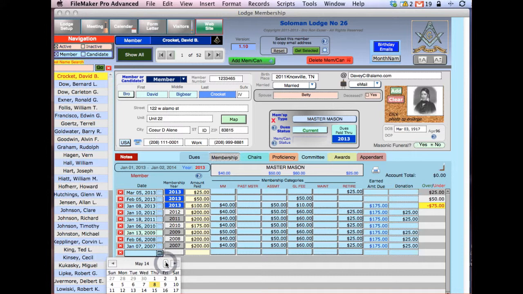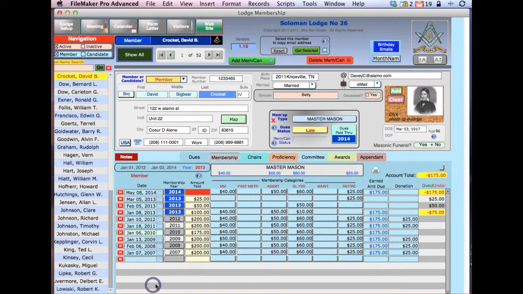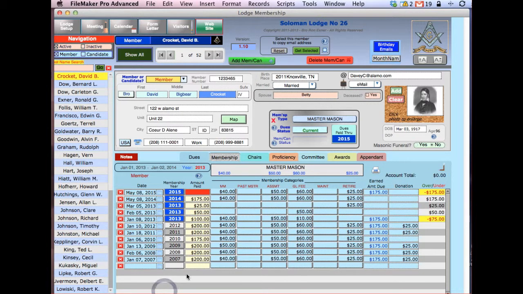We could simply go up to 2014, take his $175 payment, leave that as delete it, means he's got a $175 overage, and likewise go up to 2015. Delete this. Now he's got a $350 overage.